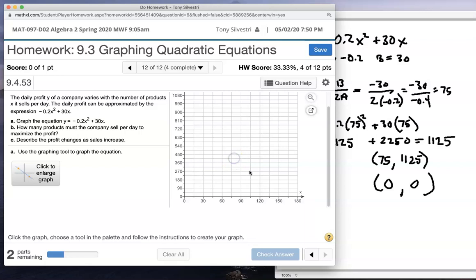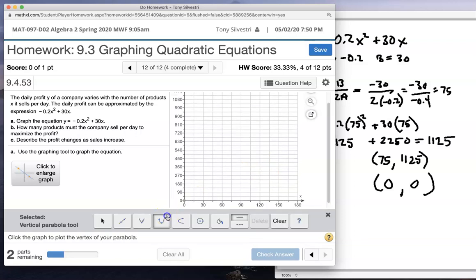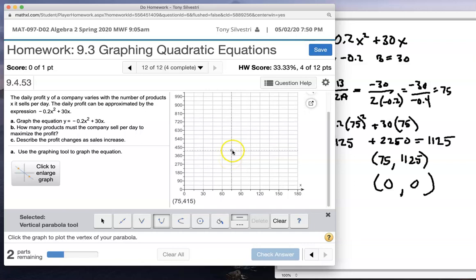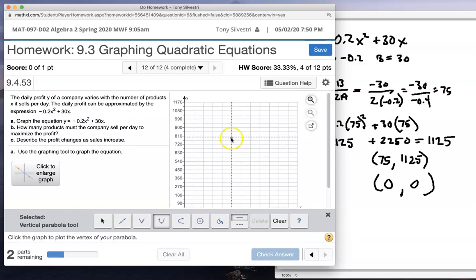See what happens. 75, 1125. Okay. Click. Vertical axis. So is there? Yeah, there it is. 75 is over here. And unfortunately, I got to go all the way up. Oh, geez.